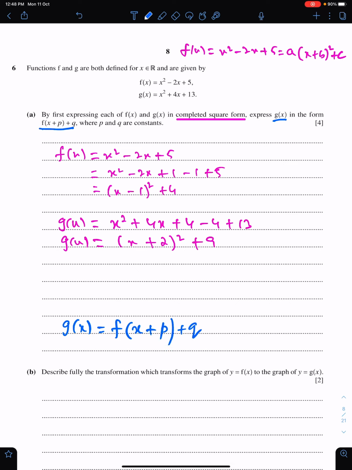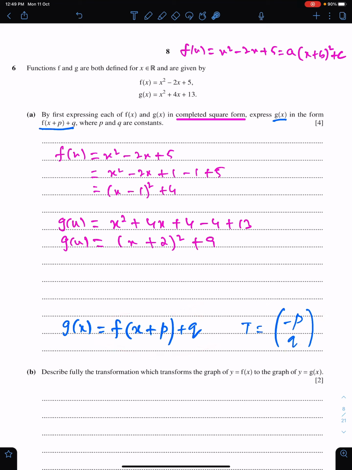If you are good at transformations of functions, then you can easily understand this equation. This means horizontal translation with vector minus p, and this means vertical translation. So this is a combined translation with vector minus p and q.